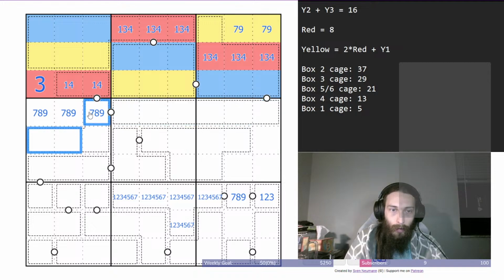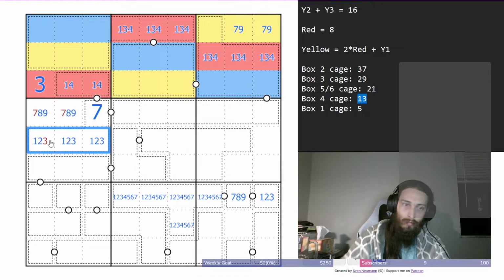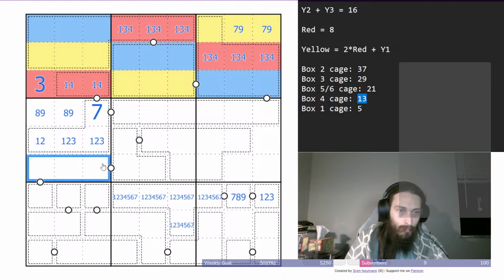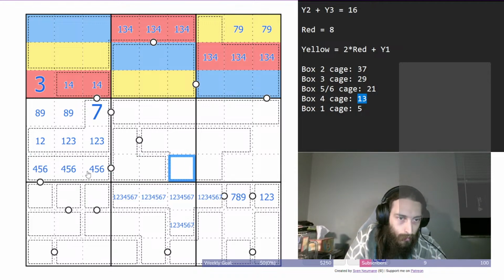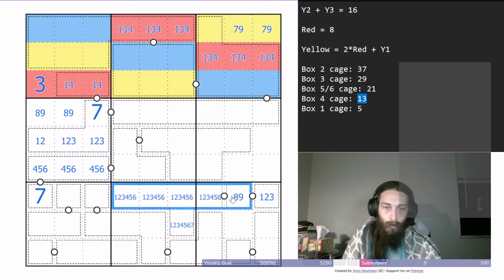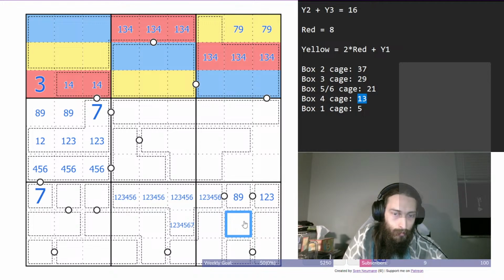And our box 4 cage is 13. So that would be 7. And then 1, 2, 3. So this is 15. And 15 minus 8 is 7. I think. I hope. Yes, 15 minus 8 is 7.